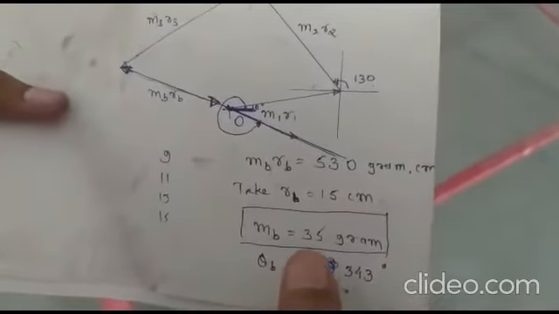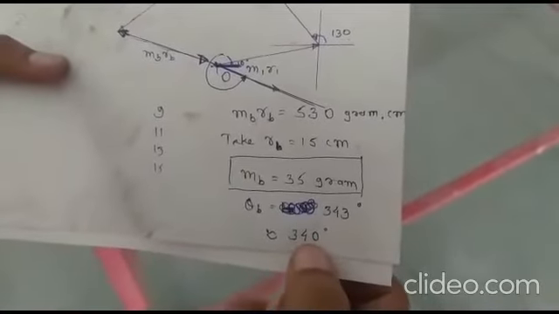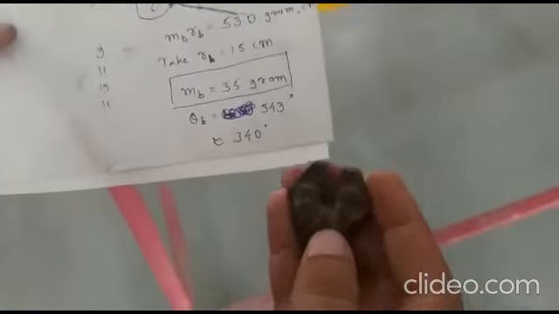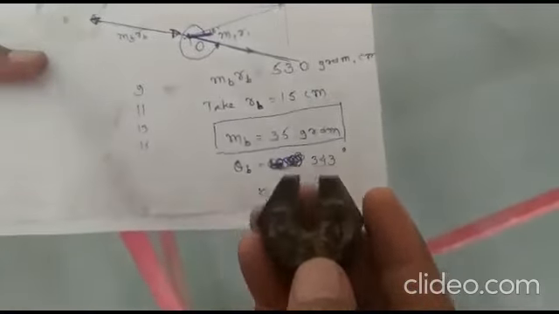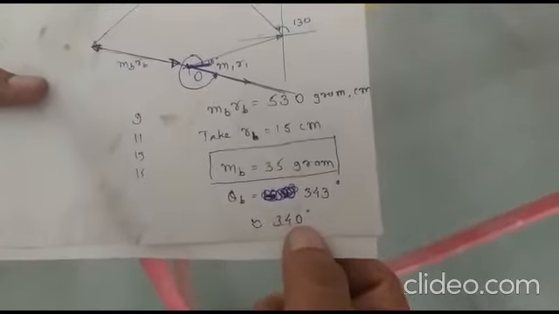So we are putting 35 grams at angle 340 degree and at radius 15 centimeter, but we have a mass of 50 grams, so instead of 35 grams I am using 50 grams, and the angle again has a limitation, so I am using 340 degree.